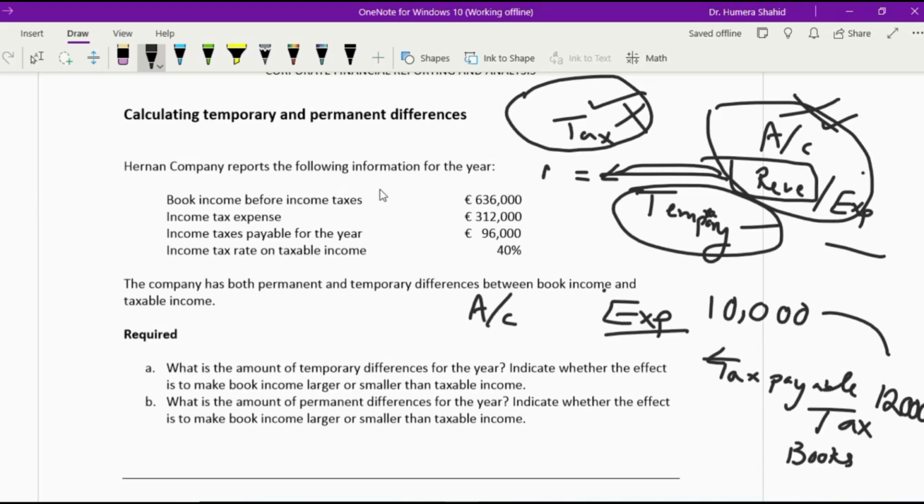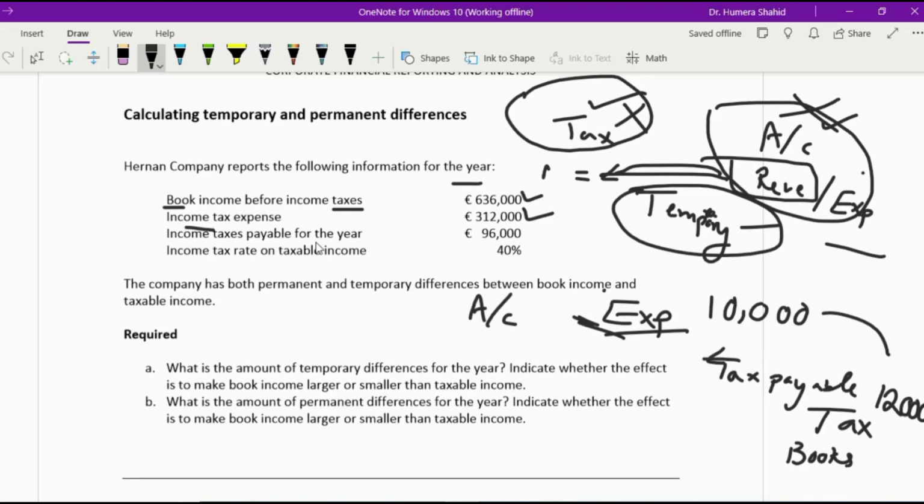Hernan Company reports the following information for the year. Book income before the income tax. Book income means accounting rules book. That is 636,000, and this is before the income tax. Income tax expense, this is also in accounting books, that is 312,000, because I said that the expense is based on accounting books.